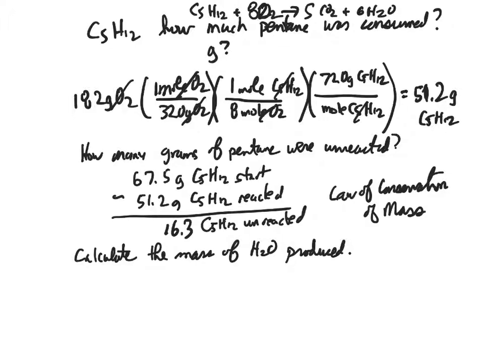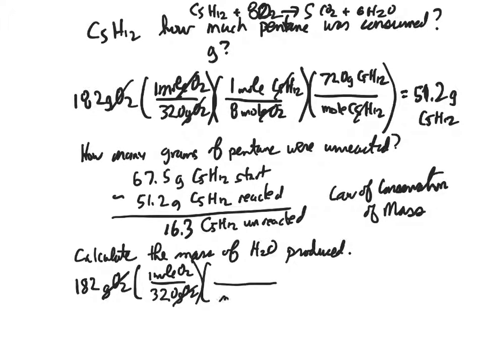The limiting reagent was oxygen, 182 grams of O2. 1 mole of oxygen is 32.0 grams of oxygen. Grams oxygen divided by grams oxygen. Our stoichiometric ratio of moles oxygen to moles water, H2O, go back to the balanced chemical equation, it's 8 moles of oxygen produces 6 moles of water.